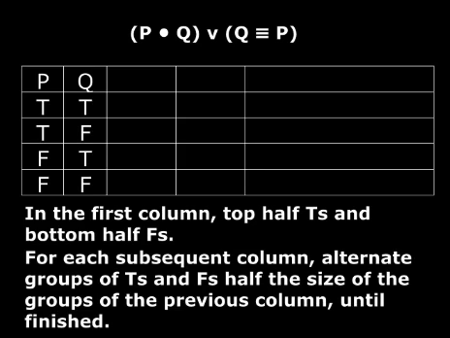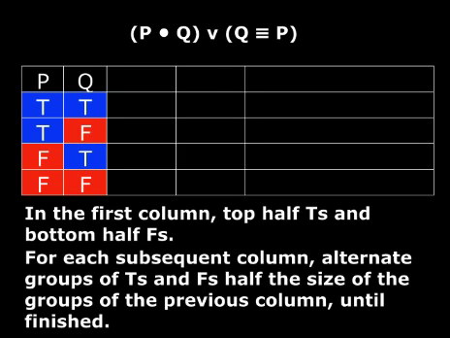The column has 4 rows, so we make the first 2, that's half, T, and the next 2, F. Then you move over one column and you alternate T's and F's in groups half as big as the group you just alternated with. We just alternated with groups of 2, so the next column I'm going to alternate with groups of 1. So TF, TF. And if you've done it right, the column where you're alternating by groups of 1 is the column of your last atomic statement.